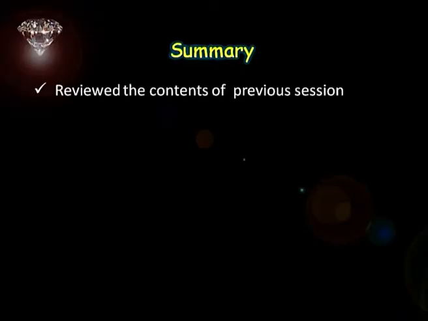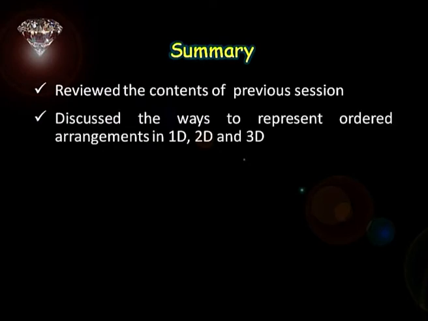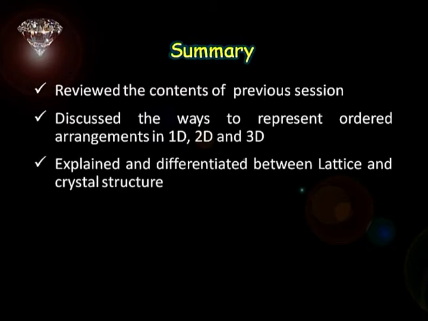So, basically in this whole session today, we started with reviewing the contents of the previous session. Thereafter, the basic crux of today's session is that we discussed how to represent the ordered arrangements in 1 dimension, 2 dimension and 3 dimension, and then we explained and differentiated between the meaning of a lattice and the crystal structure. I am sure that is suitably clear to all of us.